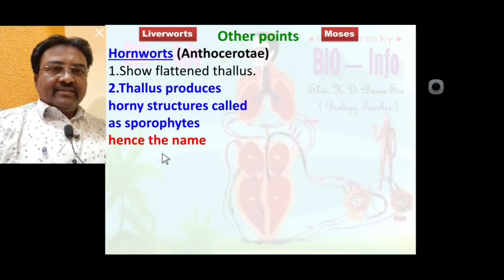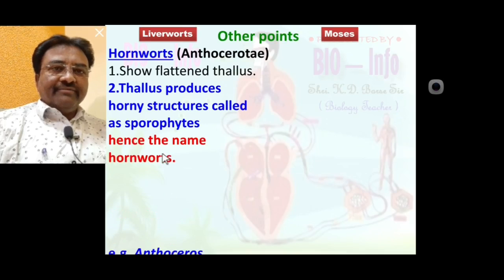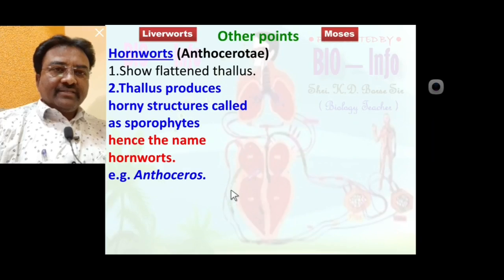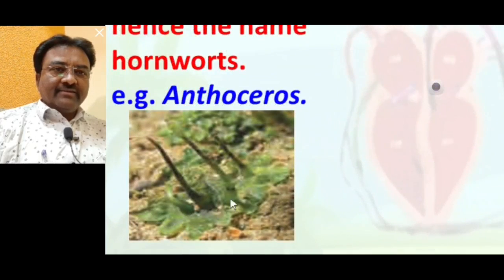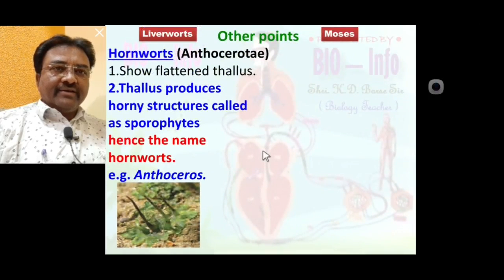Hence the name hornwort, and the best example of hornwort is Anthoceros, seen here. The thallus produces a horny sporophyte stage. Therefore such liverwort is called hornwort.